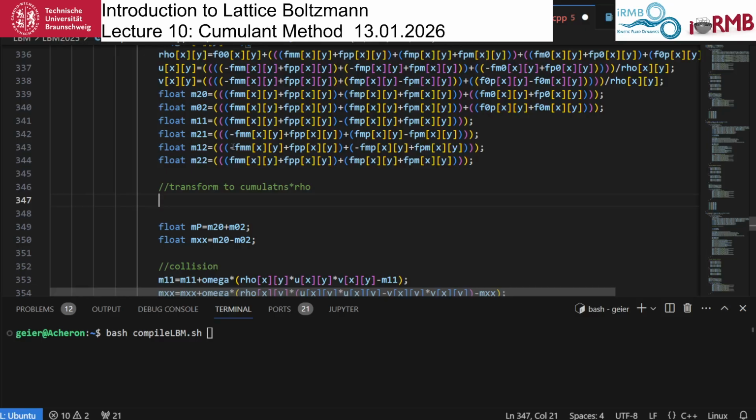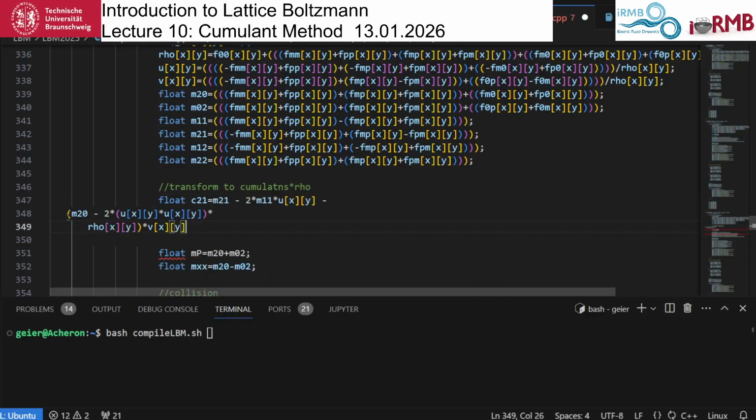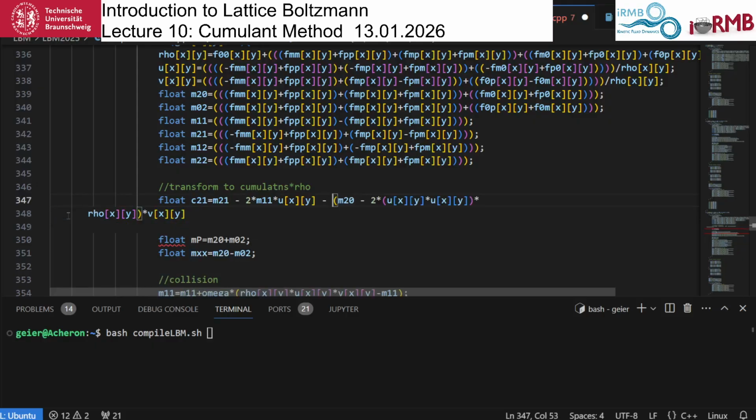And in here we'll define a float C2, 1. So this is now my cumulant times rho. And I copy into this my outcome.